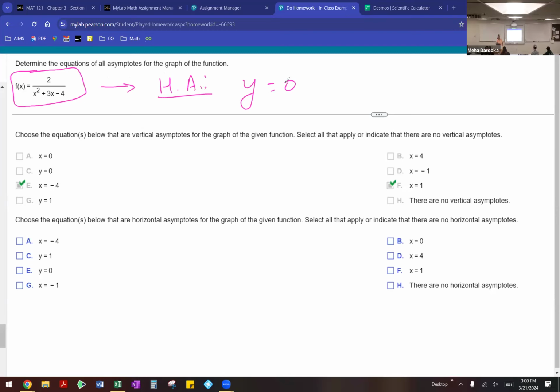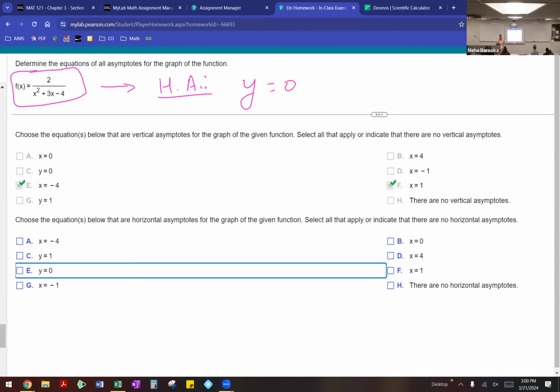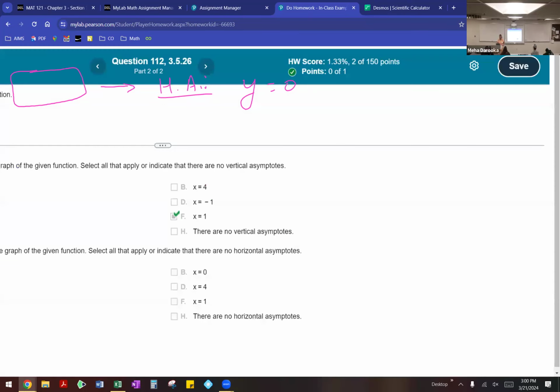When the number on the top is a constant term with no x and all the x's are in the denominator, your horizontal asymptote is going to be at y equals 0. And again, guys, these would be things I would put on my note card for the exam. So y equals 0, let's check that. And that's it. We're good to go.